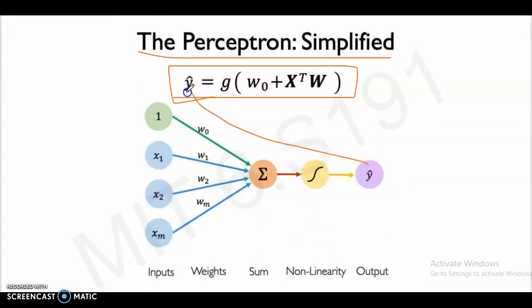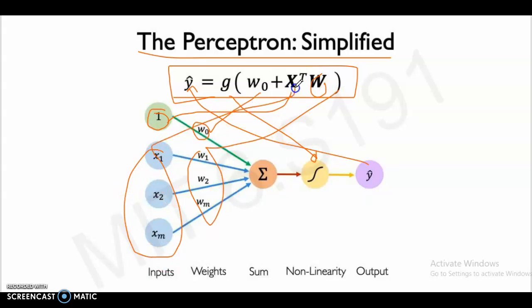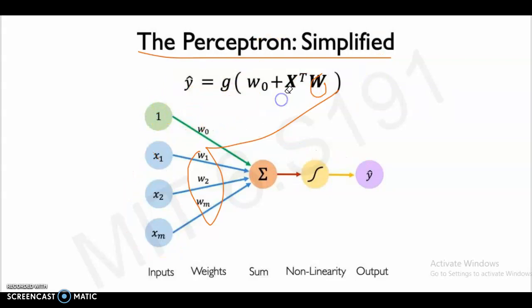Y cap we already know is the target output, g is the nonlinear function, w naught is the weight bias value, and x transpose w is the whole thing, not just this one. This is the bias.